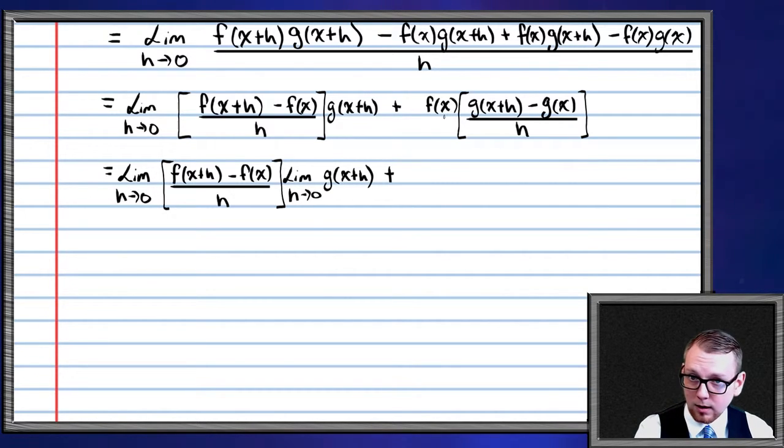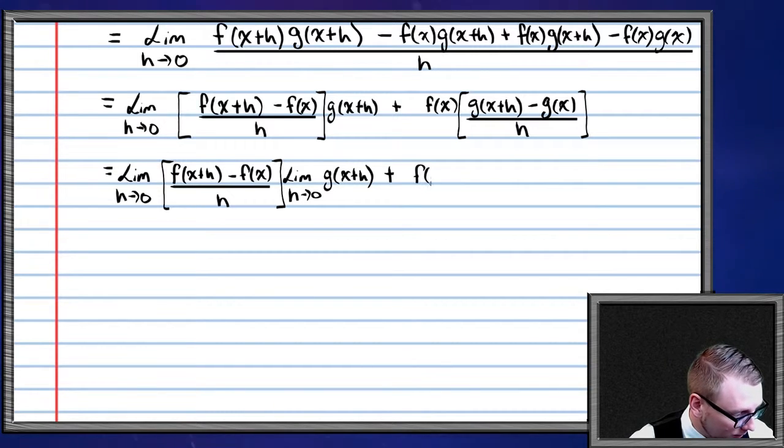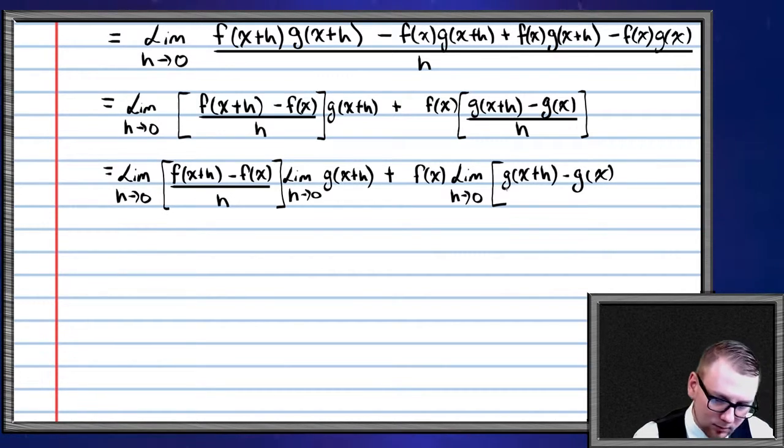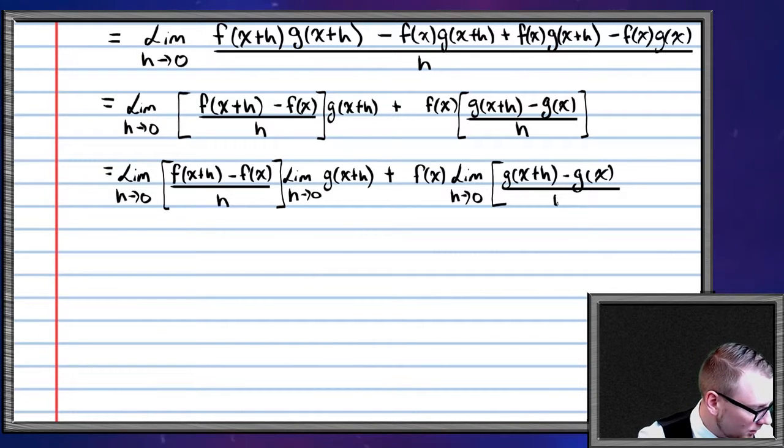Now, f of x doesn't depend on h, so we can bring it out. So we're going to just write f of x times the limit as h approaches 0 of g of x plus h minus g of x, then all this over h.